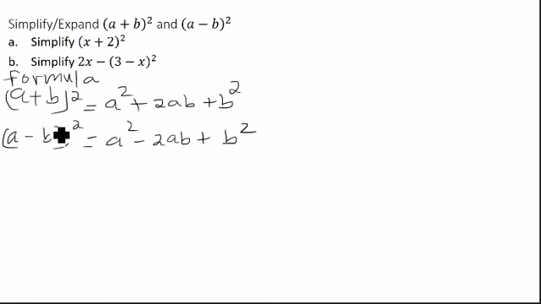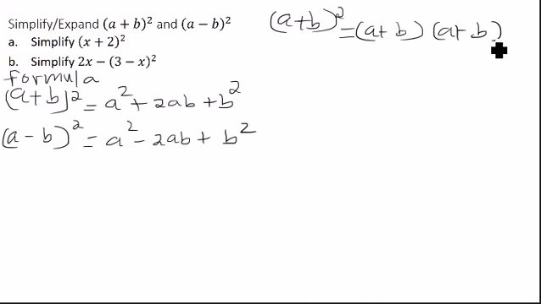Now you can prove these formulas using the FOIL method, because (a plus b) squared is the same as a plus b times a plus b. If you follow the same procedure as we did in the FOIL method before, you can come up with this answer here.